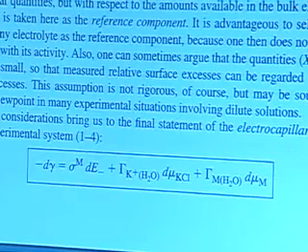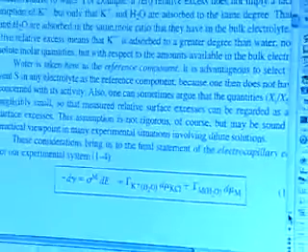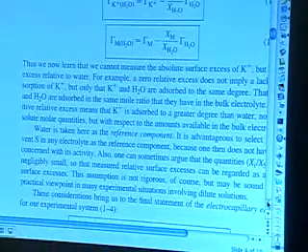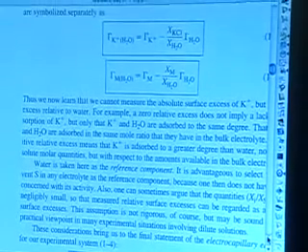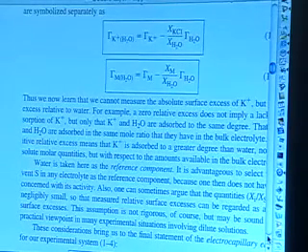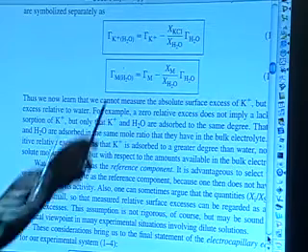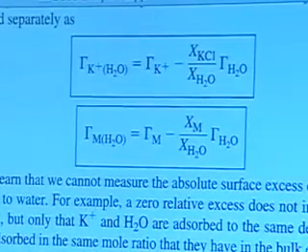Now, one other point about what these surface excesses are, just so we don't confuse them. These surface excesses are not just saying that there is an excess of potassium, for instance, as an ion on that surface boundary plane. But it's saying that there is an excess of potassium on that boundary plane relative to the bulk species or other species that are important.